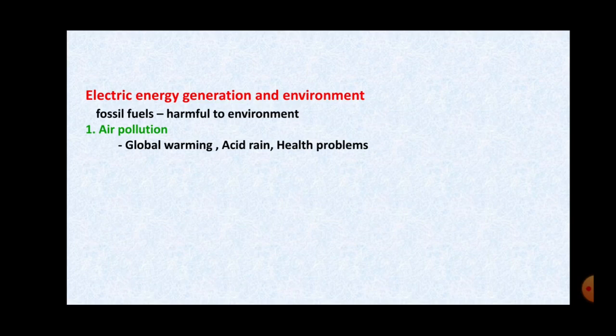So the worst affected system of our body is the respiratory system. Okay, and it leads to different diseases also. It can lead to allergy, it can lead to asthma like problems. Okay, so this all causes the air pollution.